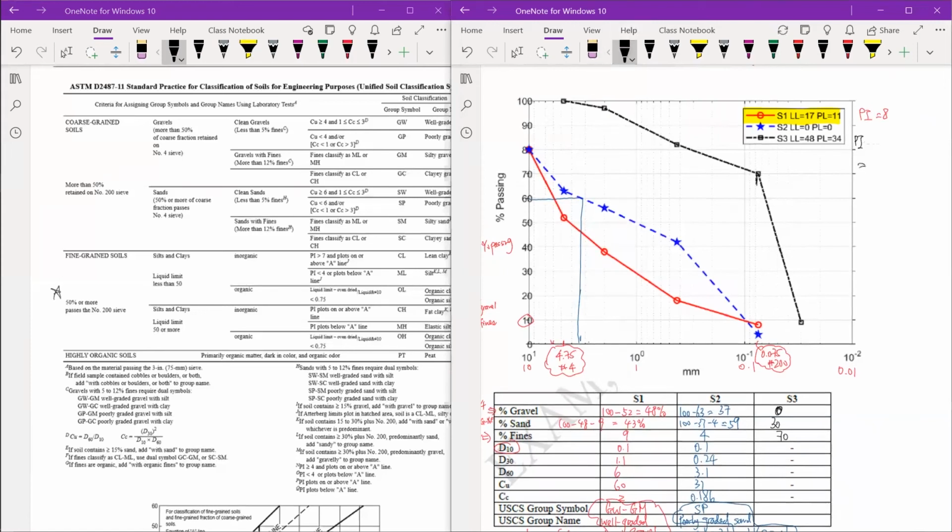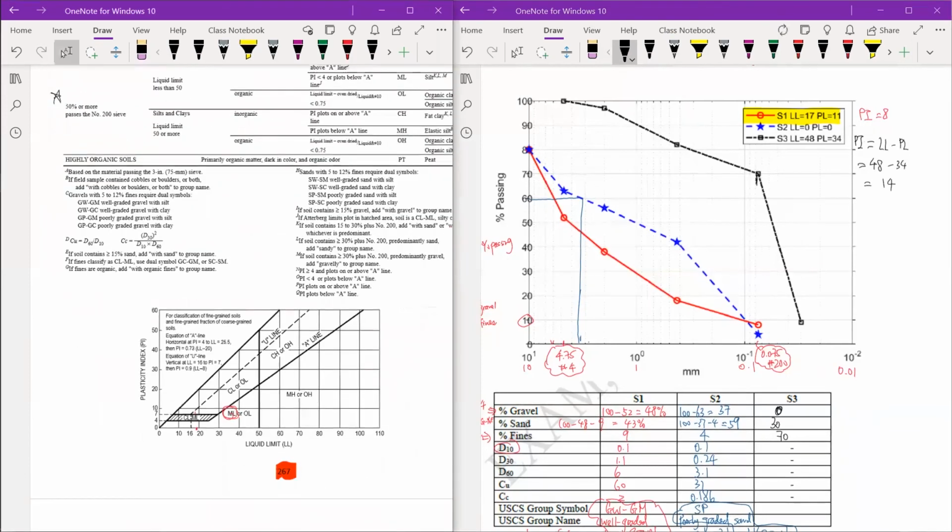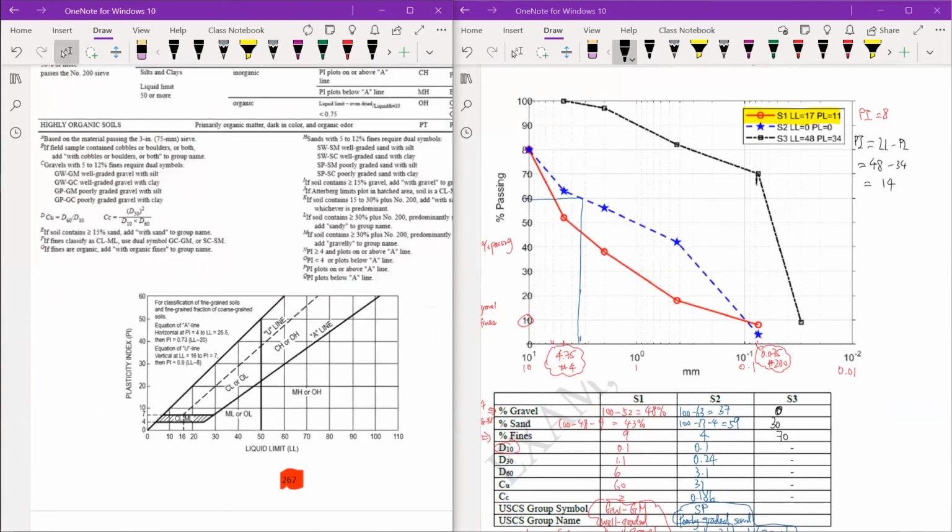So again, the PI would be equal to liquid limit minus plastic limit, 48 minus 34. I have a PI value of 14 and a liquid limit of 48. So if we go to the plasticity chart right here, the liquid limit is 48 and the PI is 14.